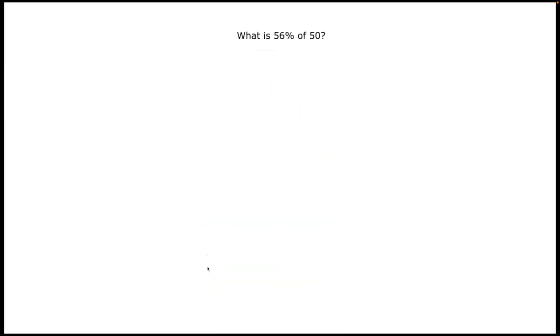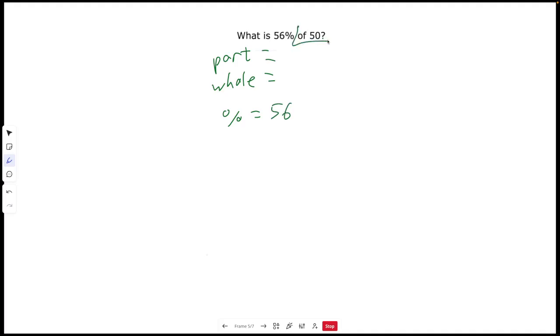All right, for this one, let's do part, whole, percentage. Again, I always like to start with the easiest. Do they tell us a percentage? Yes, they do. So that's 56. Of 50, "of" is the clue word for the whole, and part is the question mark here. So now we set it up. Part, which is the question mark, over the whole, which is 50, equals the percentage, 56, over always 100 in the bottom right.